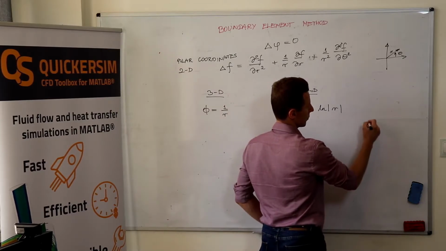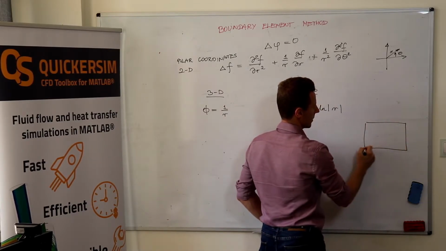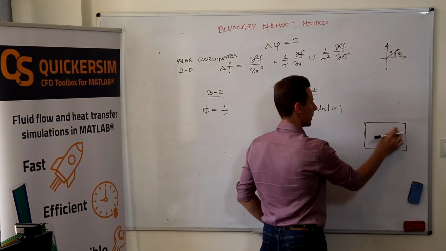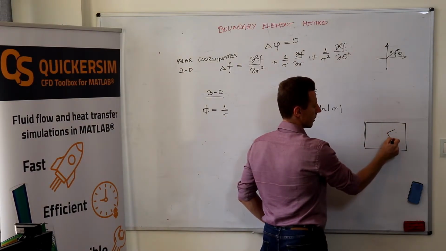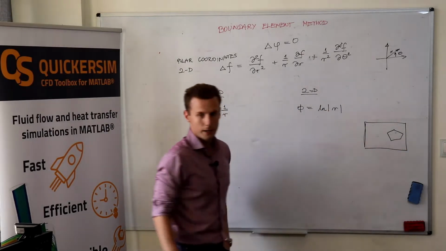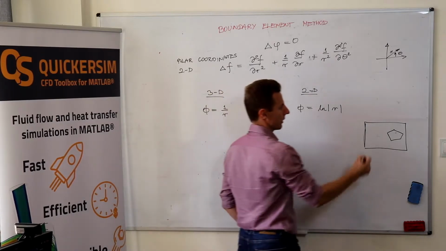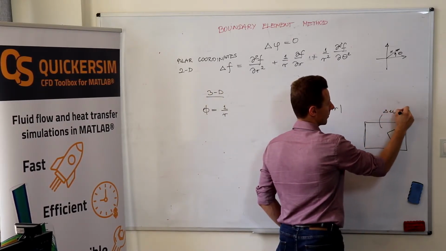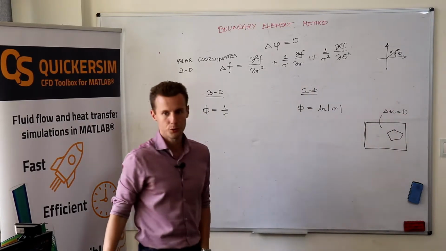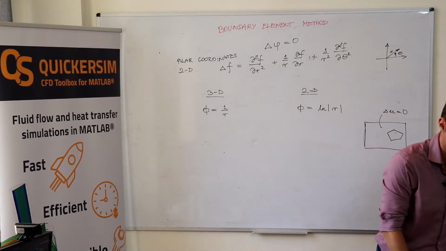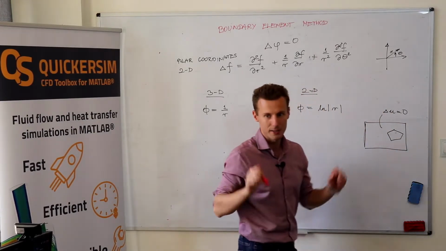Well, let's assume we've got some geometry, maybe with some hole inside. And we are interested in solving the Laplace problem everywhere inside. So what do we do with the boundary element method? First, we need to introduce the space discretization.